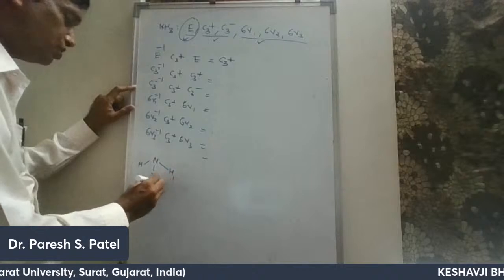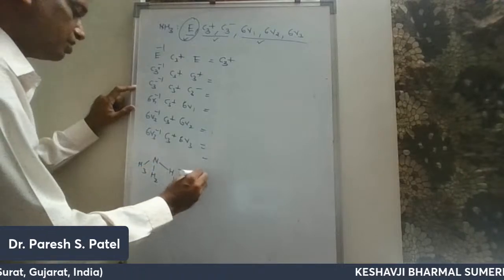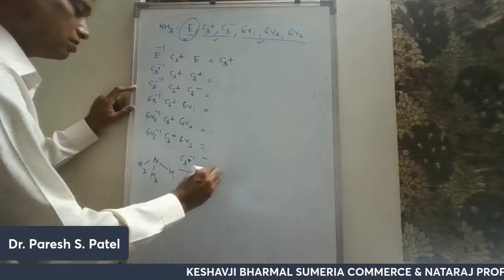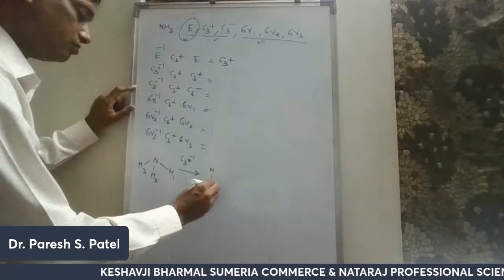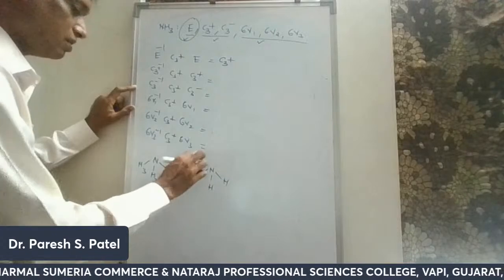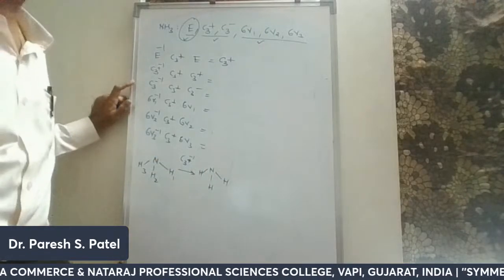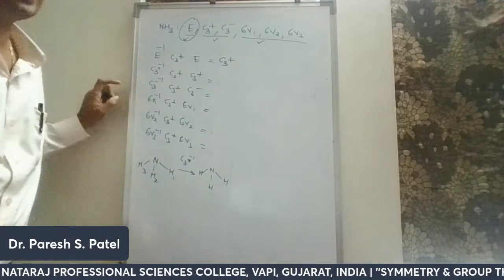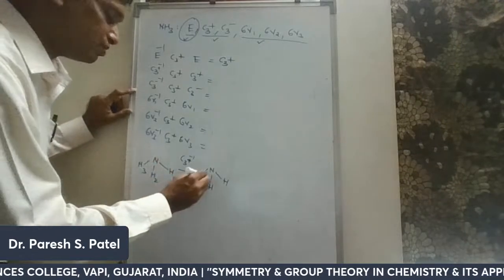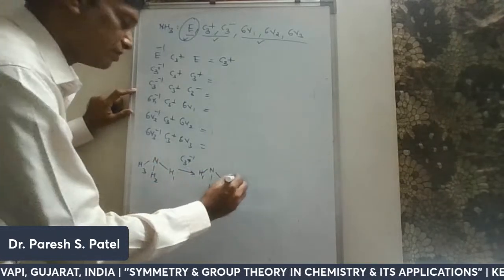This is 1, 2, and 3. If we operate C3 plus inverse, C3 plus means one time clockwise rotation, and C3 plus inverse means one time anti-clockwise rotation. 1, 2, and 3.